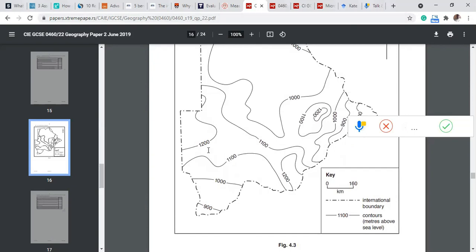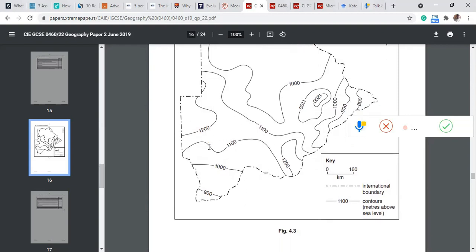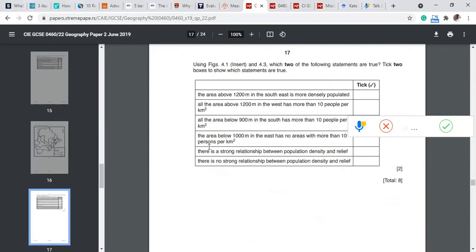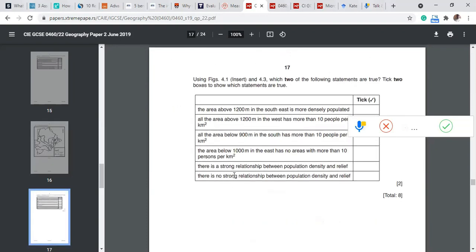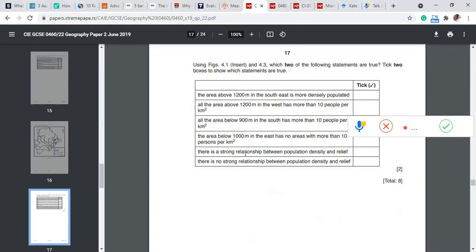This is 1,200 meters, and this is very sparsely populated. So this one has negated that one. This is 1,200, this 1,200, and here there are a lot of people, but there are not many people here. So that one is not going to work. So this one is not correct. I think the answer is this and this. This number 2 and this number 4. Okay.